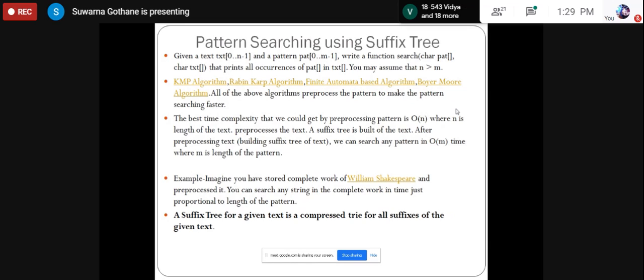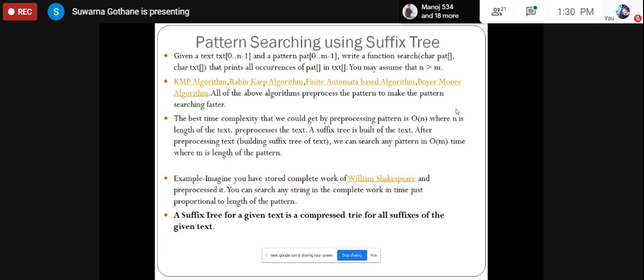That document may be either a paragraph, or some pages, or more than that. So that's why we write n is greater than m. The pattern should be smaller than the entire text, meaning the text is greater than the pattern.